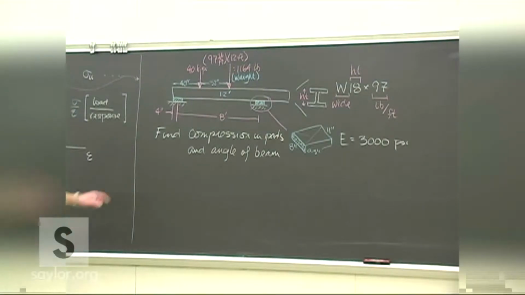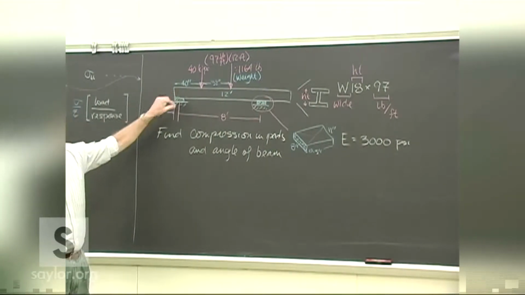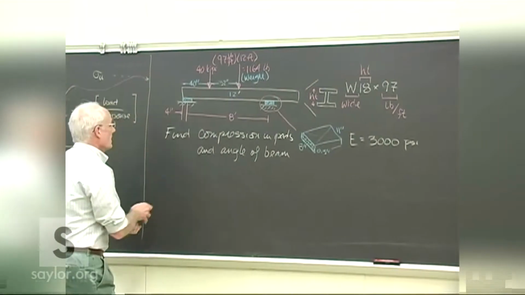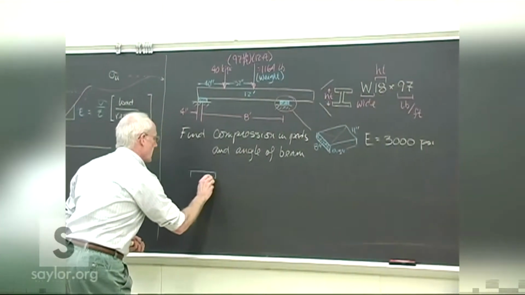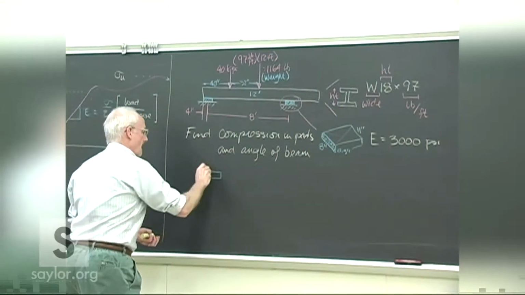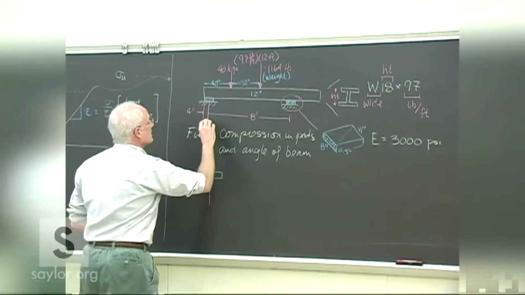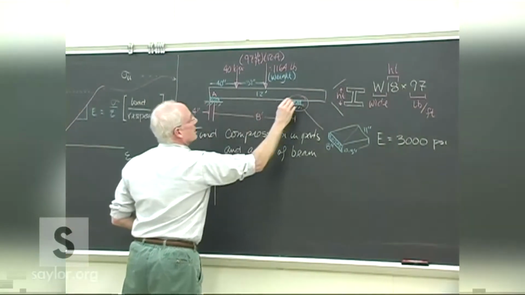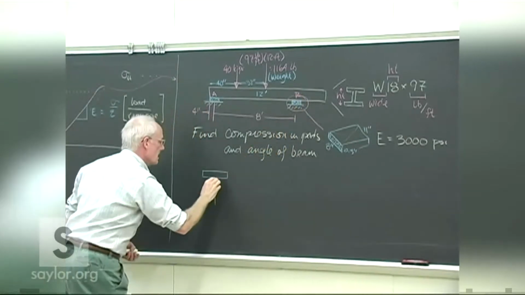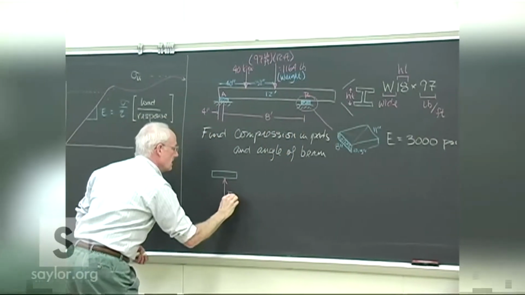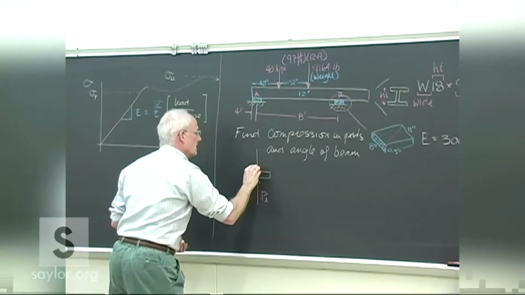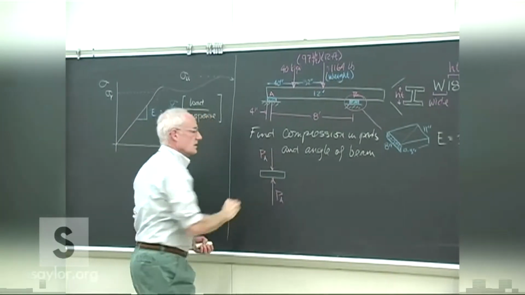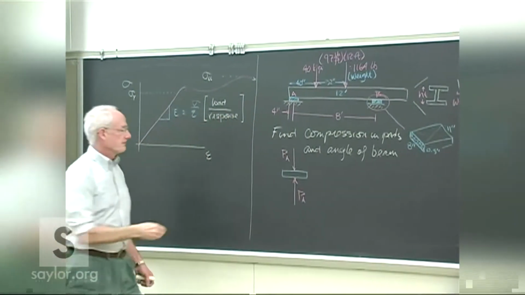What we need to know, of course, is the force that's doing the compressing of these bearing pads. So if we call this NA and that NB, then we have some load there that's serving to compress that pad.